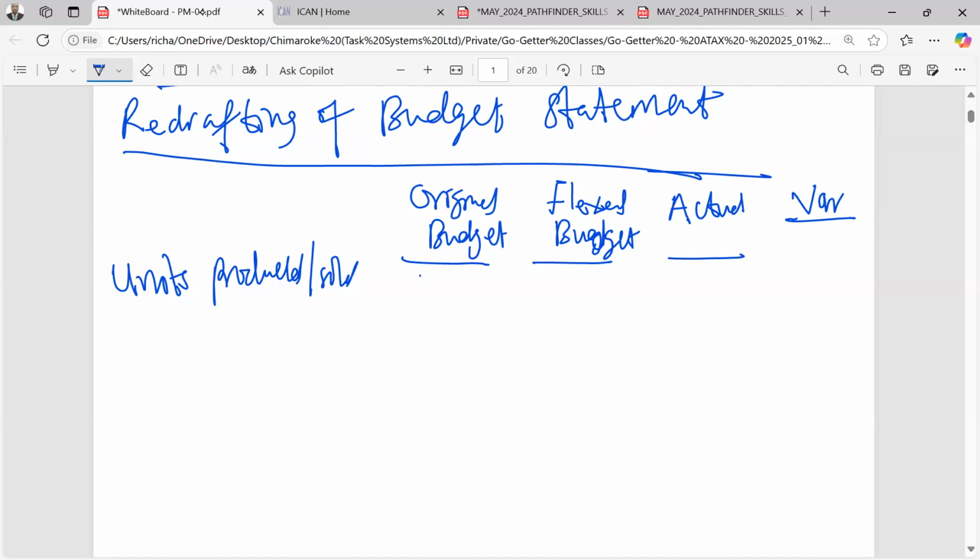Here, original budget says is 72,000. Our actual says 75,000. That means our flex must be 75,000. The essence here is to make your variance to be 0 in terms of units. So it means that we must compare 75 with 75, not 75 with 72.